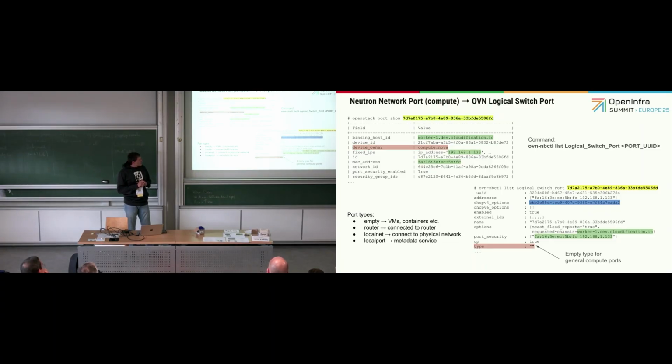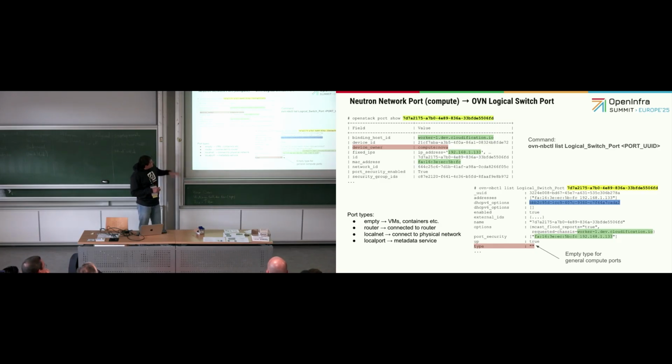And they are used by OVN to be able to route traffic to some specific services. In this case, most of the time it's used for the metadata service, which is running on each compute node also in front of the OVN controller. And the local ports are actually used to forward this traffic to the metadata.